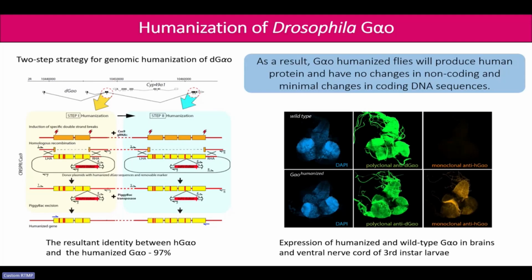To prove the expression of the human protein, here is immunostaining using monoclonal antibodies raised against the human protein. You can see the staining only in the brain of the humanized fly.